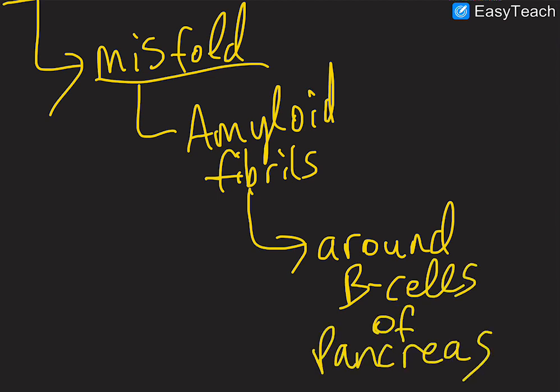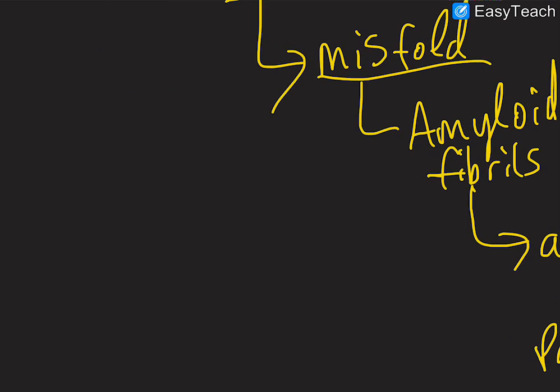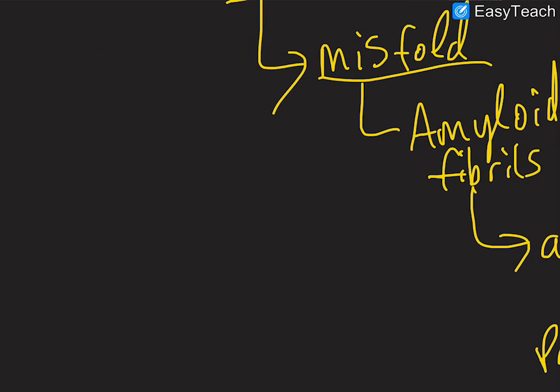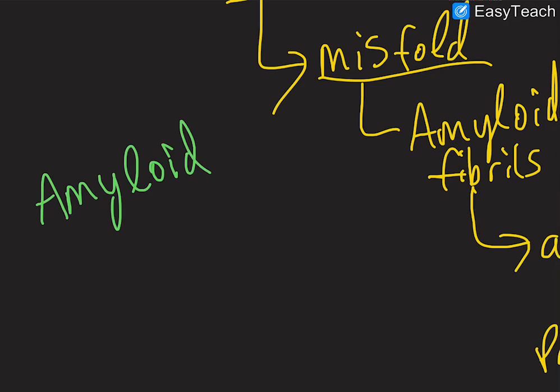As we know, amyloid damages your cells. It's not good for your cells. If it deposits around your cells, it can lead to cell damage. So if it deposits around the beta cells of the pancreas, it can lead to beta cell dysfunction and apoptosis. Okay, so if we have amyloid deposit, and what is this amyloid made up of? Misfolded amylin.